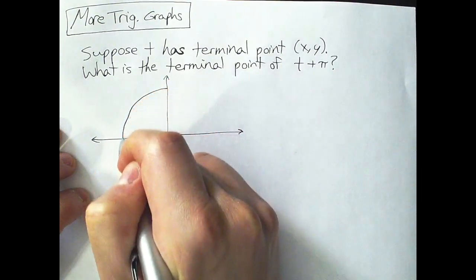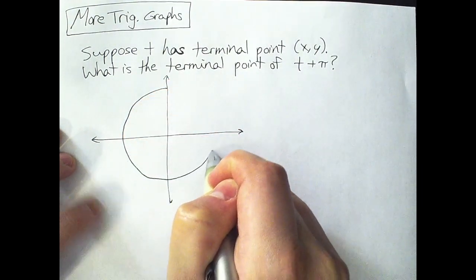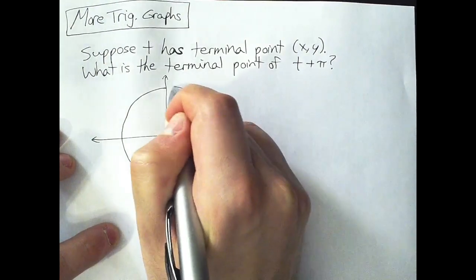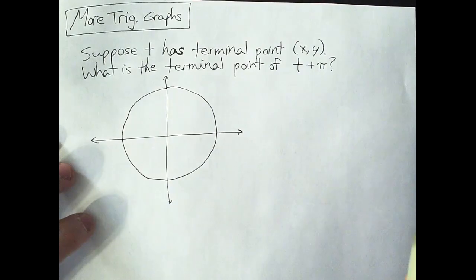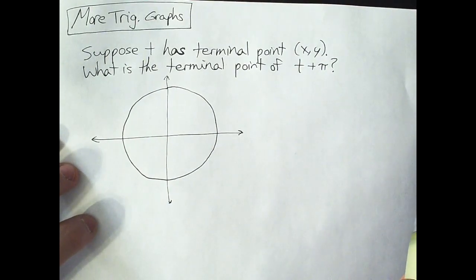By the way, if we did t plus 2 pi, I know what the terminal point would be, right?